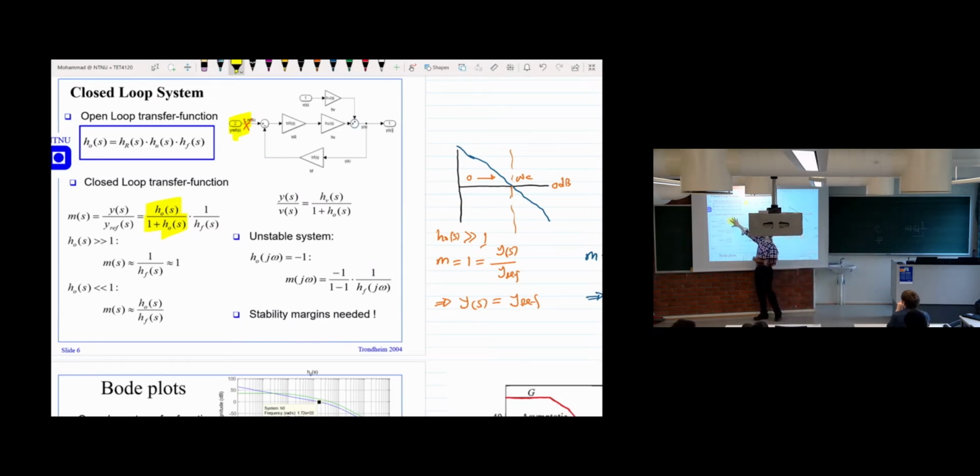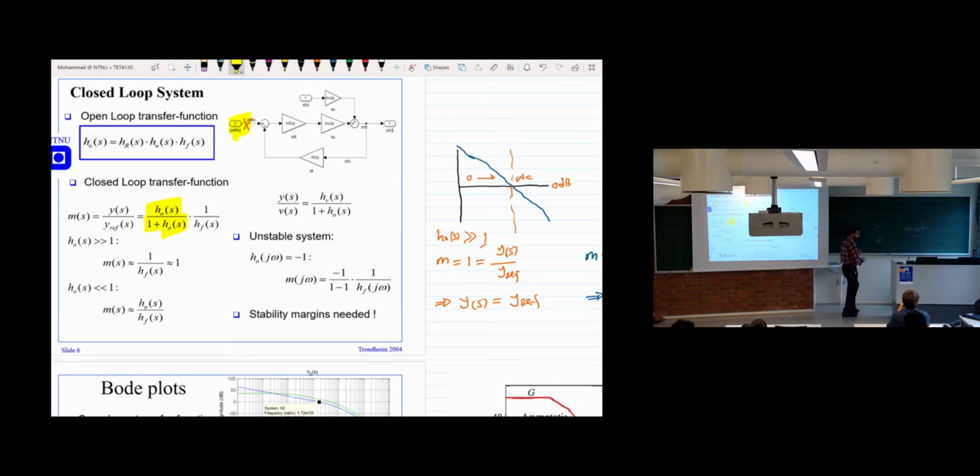So this is our original closed loop equation, and we have this H naught, and we know that s we can write in the frequency domain as s equals j omega. This means we can replace this s with j omega, and for a certain value of frequency, you might get H naught which is -1.